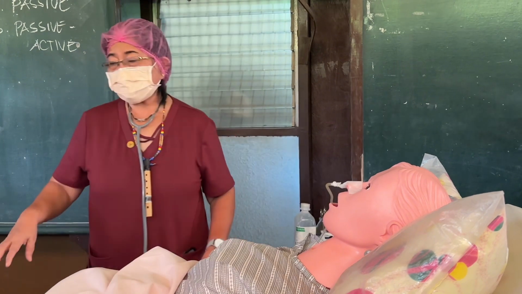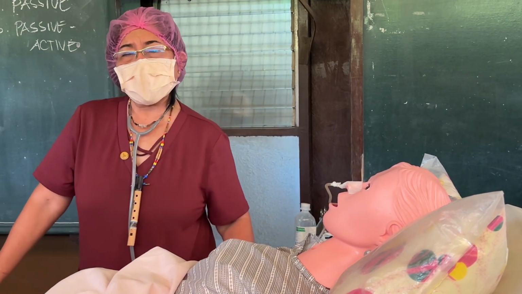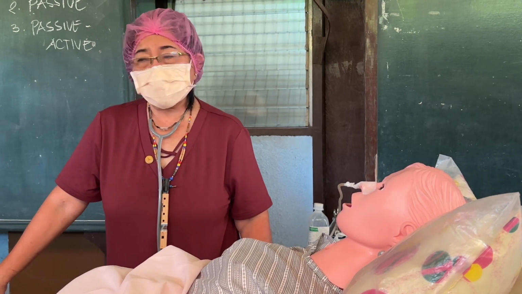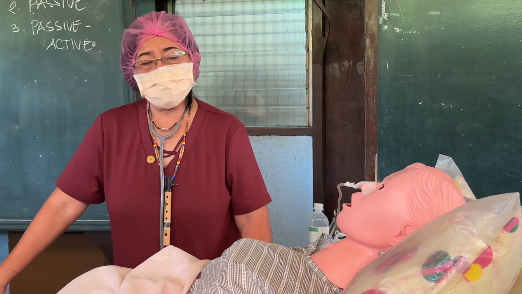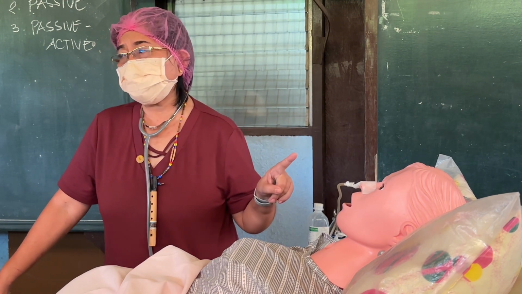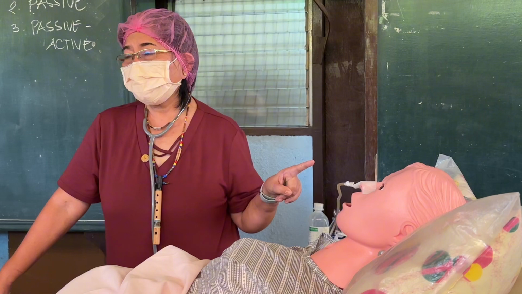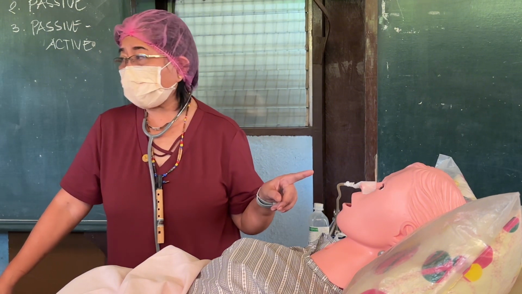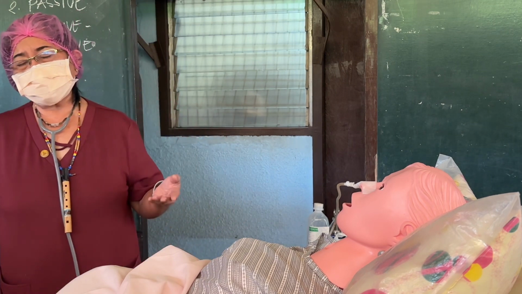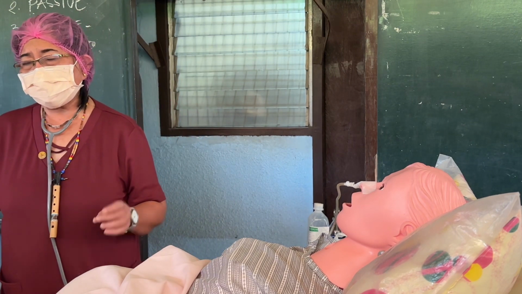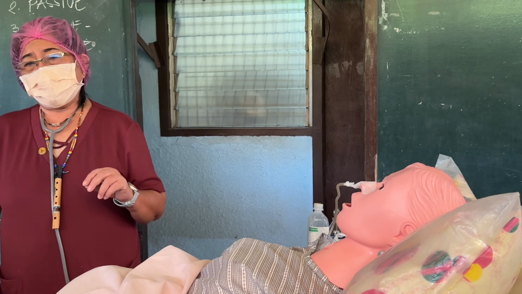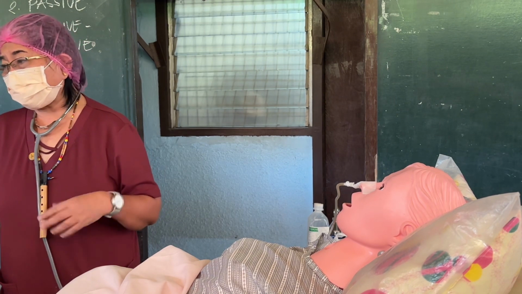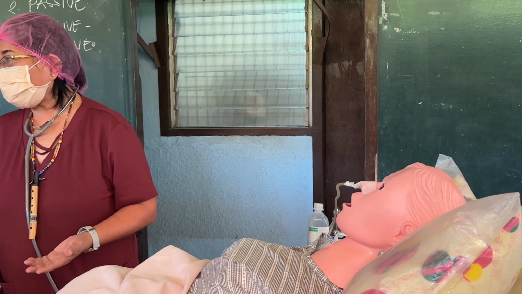Okay? Documentation. Date and time of insertion, the name of who inserted, the name of the one who assisted, and then the French number of the tube, the nature of the gastric contents that came out, like the color, is there precipitate, is it colored black, are there bloody discharges, or does it smell bad.